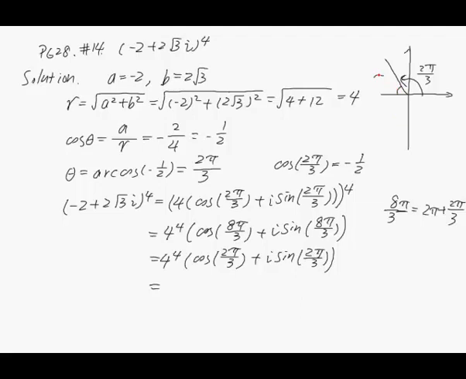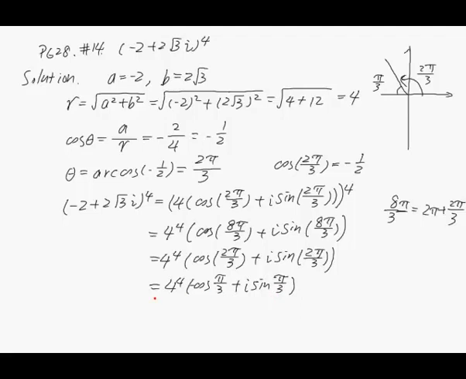That is the pi over 3. And then we have the 4 to the fourth power of cosine of the pi over 3. But the cosine is negative in the quadrant 2, so we need to prefix this negative sign here. Negative cosine of the pi over 3. And for the sine in the quadrant 2 is positive, so we have the I times sine of the pi over 3. Okay.